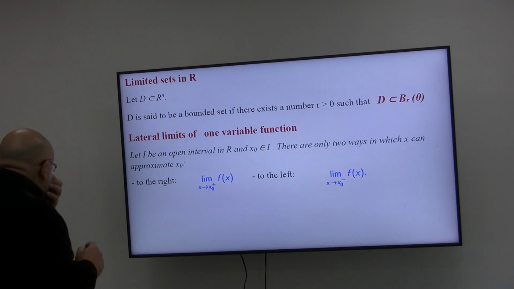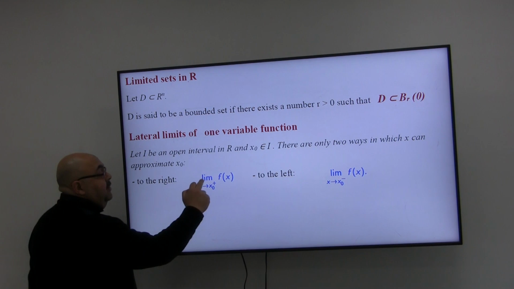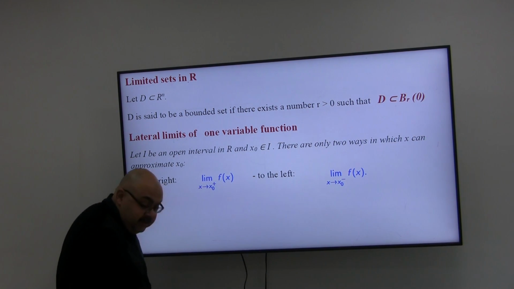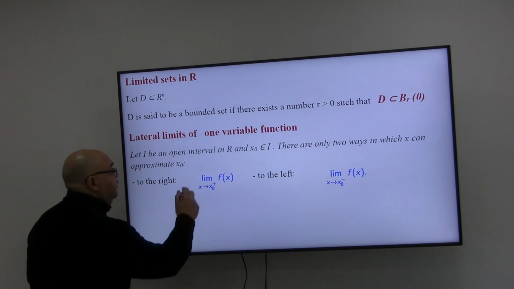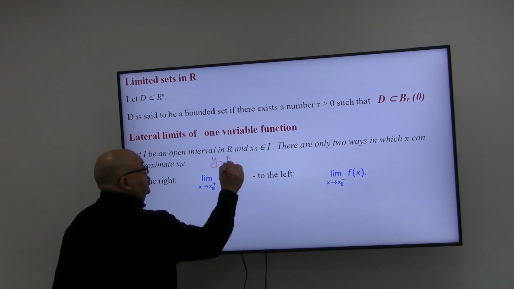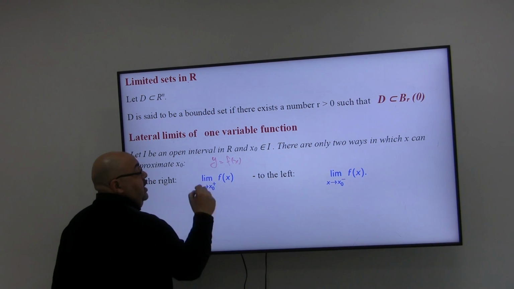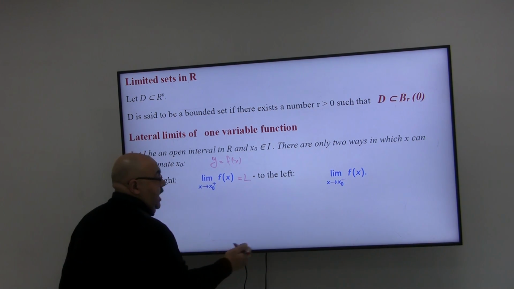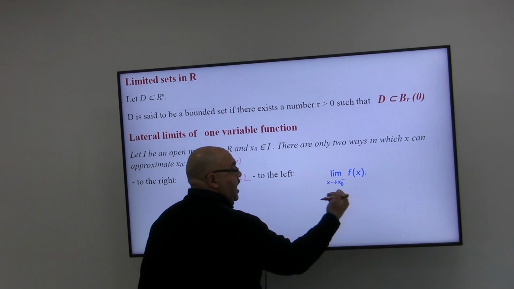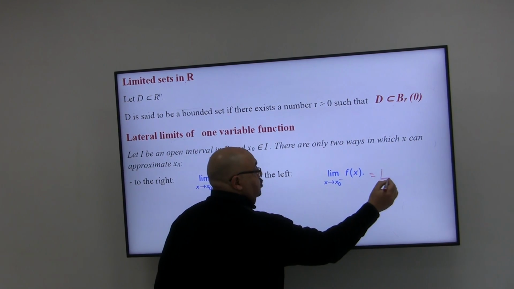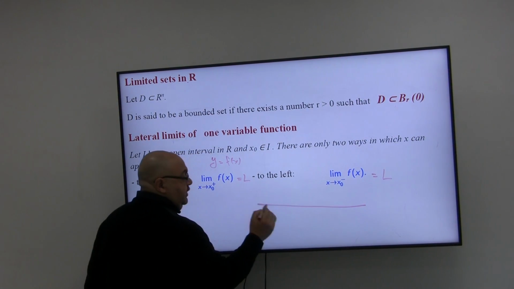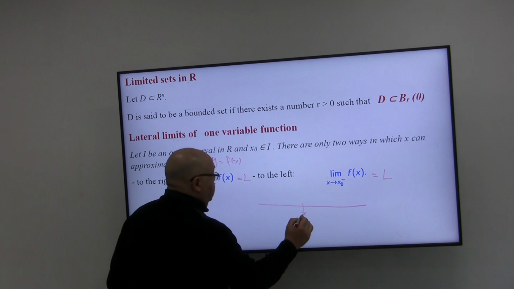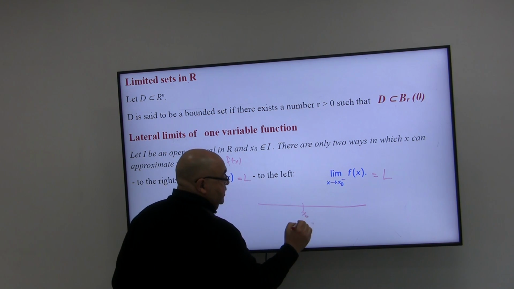Okay, let's look at this function. I have the limit of f of x, for a function y equal to f of x. I am searching for the value of f of x when x approaches x naught, which is going to equal L. And the same way if I'm coming from the other direction, it is going to equal L. So this is the x value, and this is x naught.